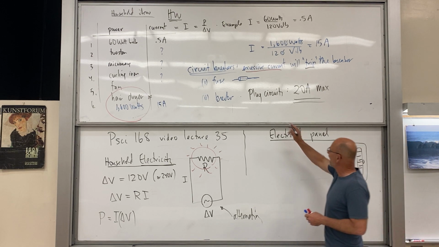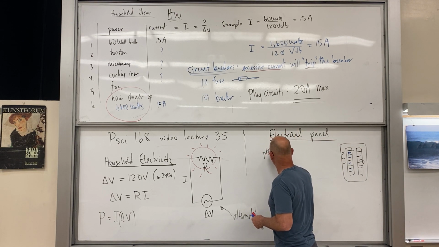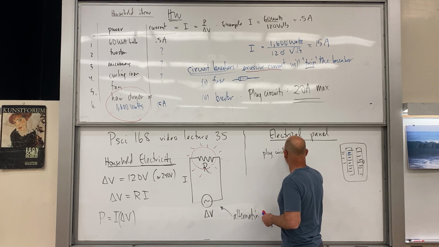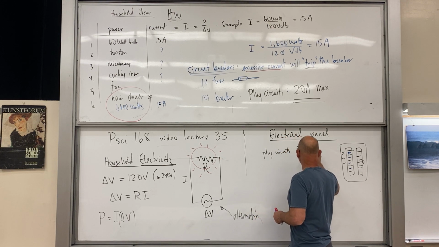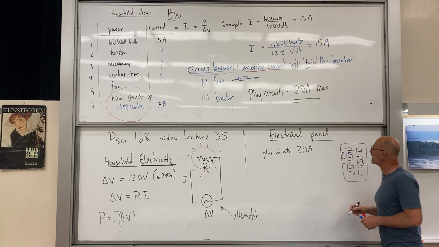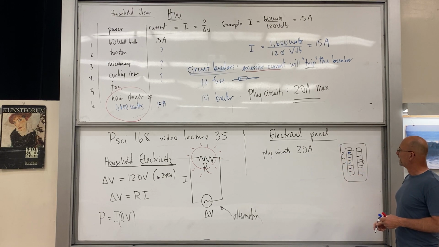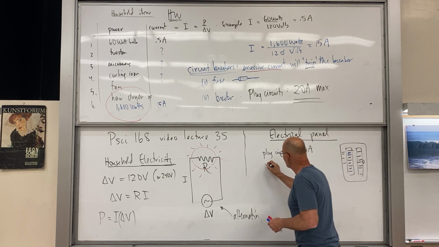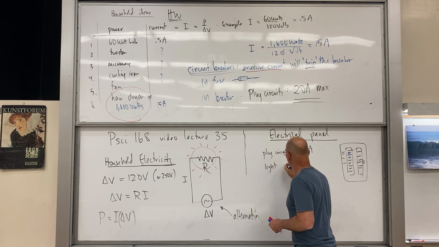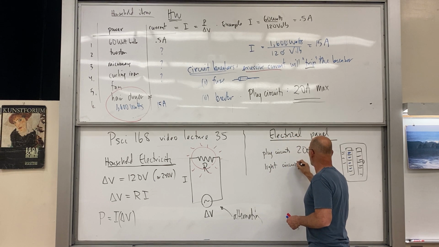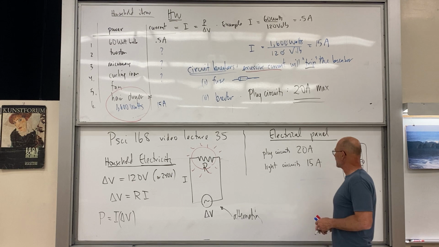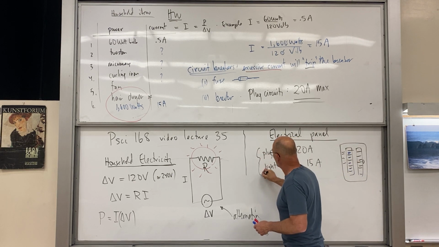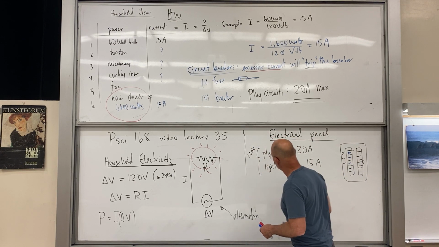So what we're going to have is plug circuits, 20 ampere. The A is for ampere. Light circuits, 15 ampere. And these are your 120 volt type of circuits.